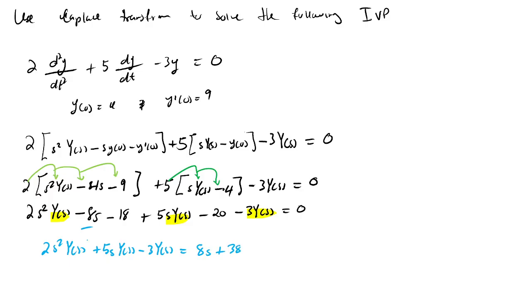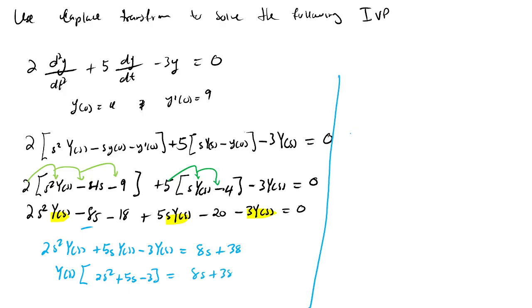Then we take out the common factor Y of s. What is left is 2s squared plus 5s minus 3, which is equal to 8s plus 38.